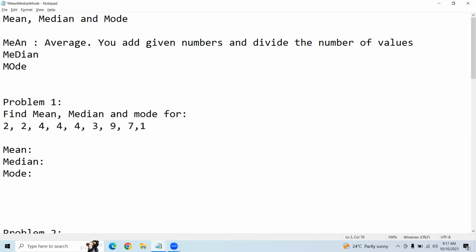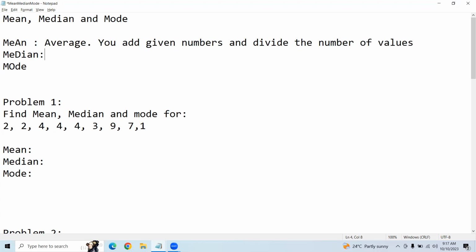So this is your normal average. If you write mean with a capital A, you will immediately recall average and find it easily.